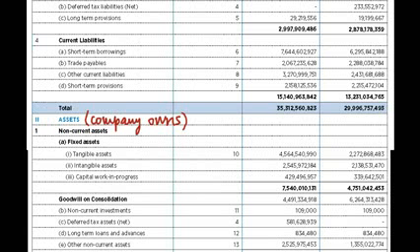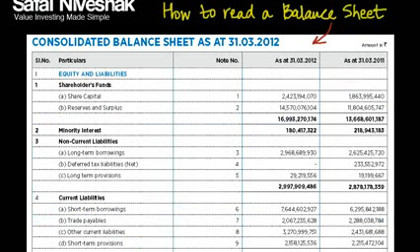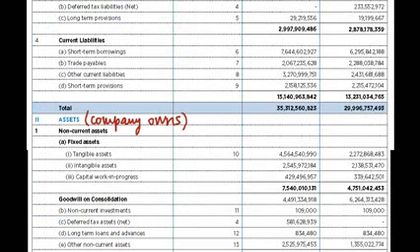As we discussed in the previous video on equity and liabilities, those are what a company owes. So these are like sources of funds, and your assets are like the utilization of those funds. A company uses assets to conduct its business towards producing a profit. So that's a simple fundamental of an asset.